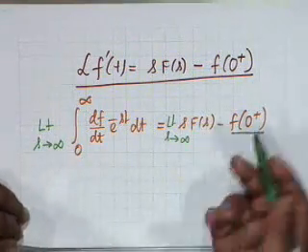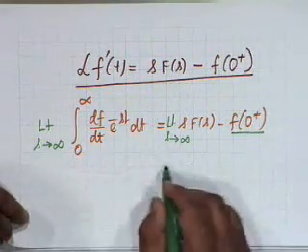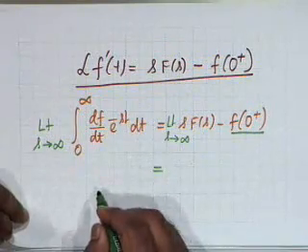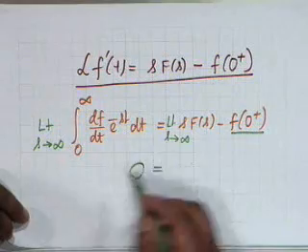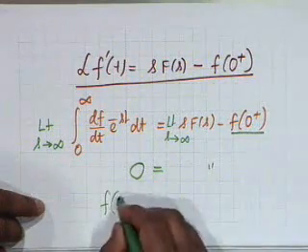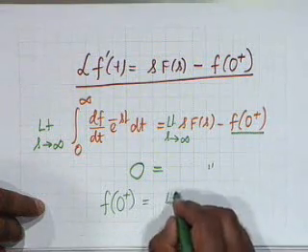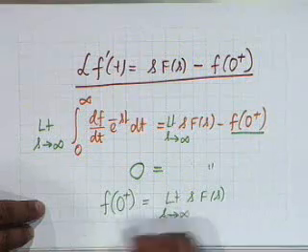F of 0 plus is a constant irrespective of what the value of s is. What happens to the left hand side? If s goes to infinity, it becomes 0, and therefore this becomes right hand side, which means that f of 0 plus is equal to limit s times f of s, s tend to infinity.